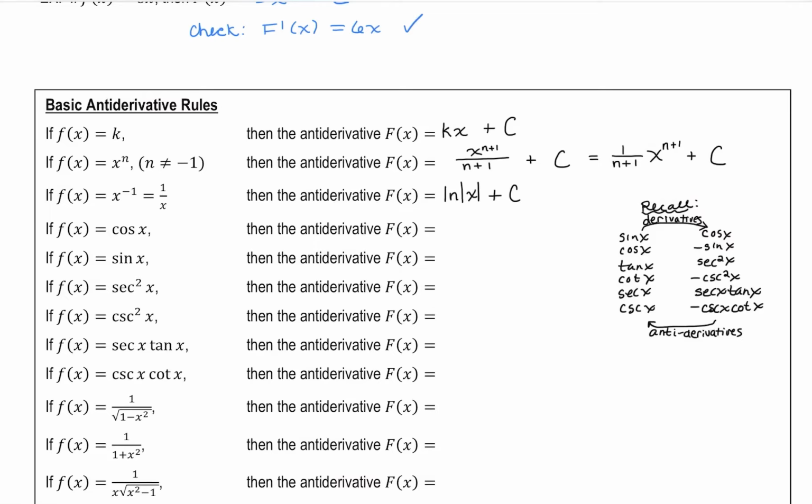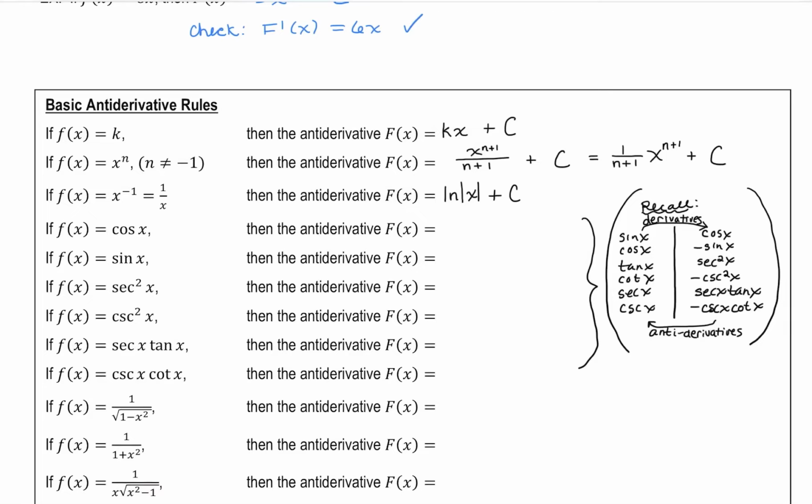This isn't really an equality here, but it is just thinking about going from one to the other. So maybe I'll draw a line here. These are the special 6 that you already knew from the first half of the course. We're just applying them in reverse. All right, so now going from the right column back to the left column.